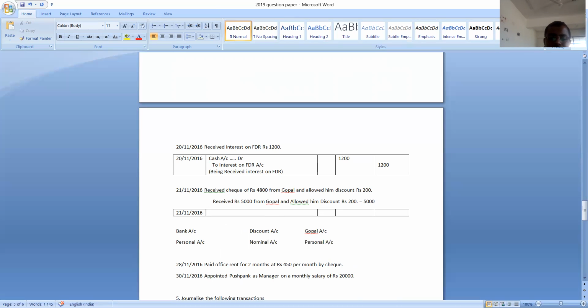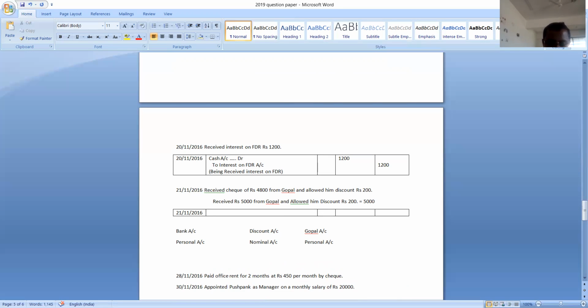See here, received check of rupees 4,800 from Gopal and allowed him discount. Three accounts are there: bank account, discount account, and Gopal account. What is the rule of personal account? Debit is the receiver, credit is the giver.